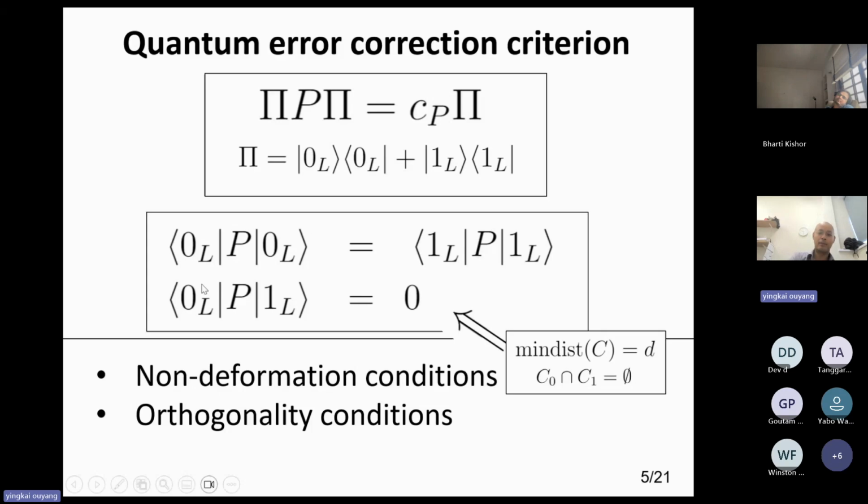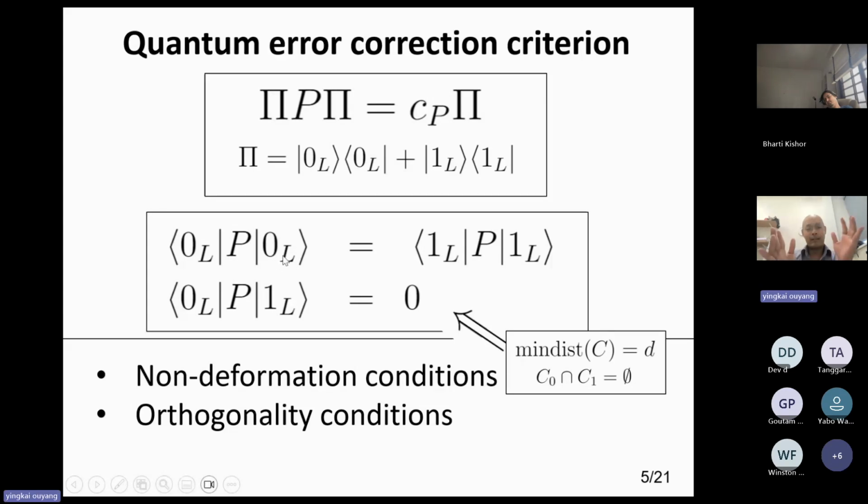And then you have the other property, which is the non-deformation condition, the diagonal condition in this matrix equation, in which you want what I call the 0 sandwich to be equal to the 1 sandwich. I call this a sandwich because I imagine this P over here to be the patty, and the left side is like the bread on the left, the right is the bread on the right.